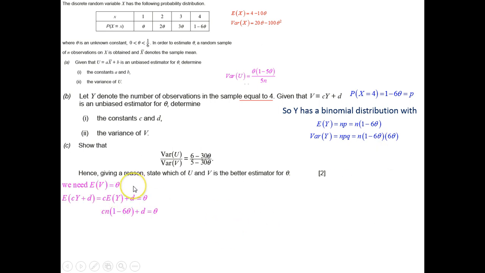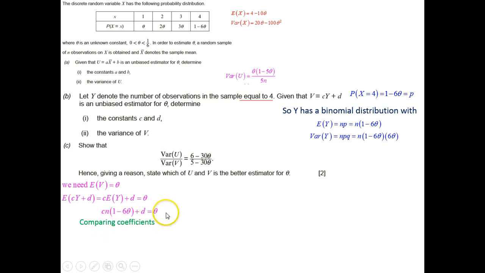So expected value of V, I can take the expectation in, so it's c times expected value of Y plus d. Expected value of Y is n times (1 minus 6 theta). So we need to compare coefficients again.